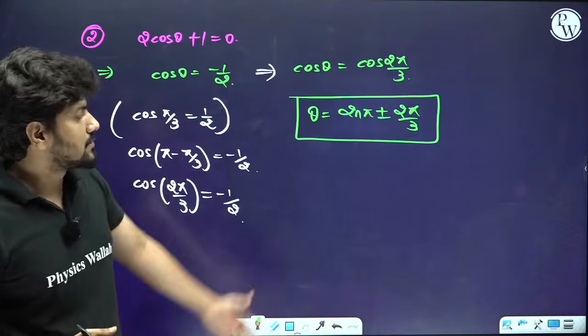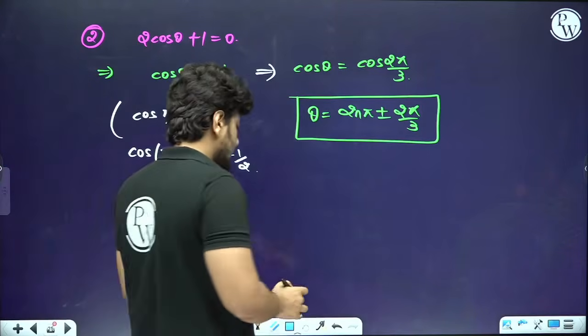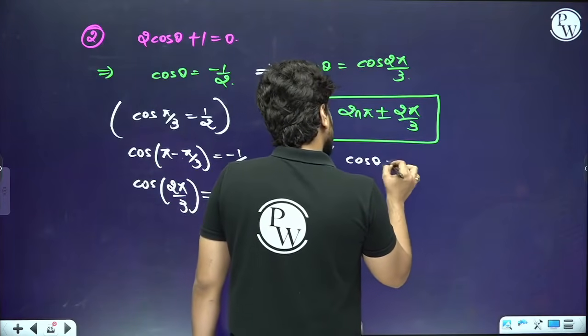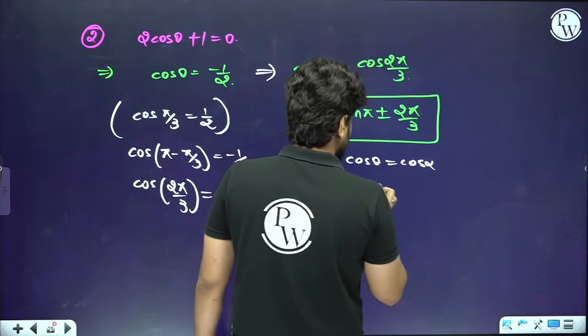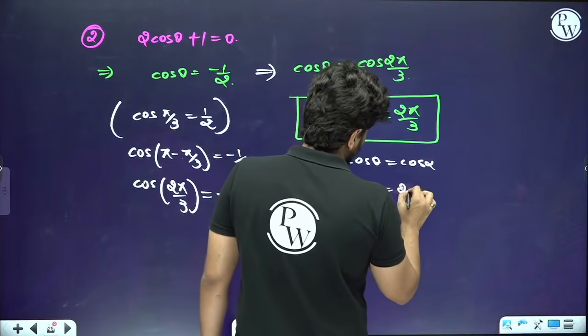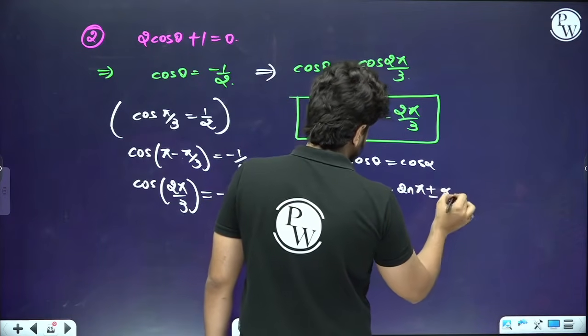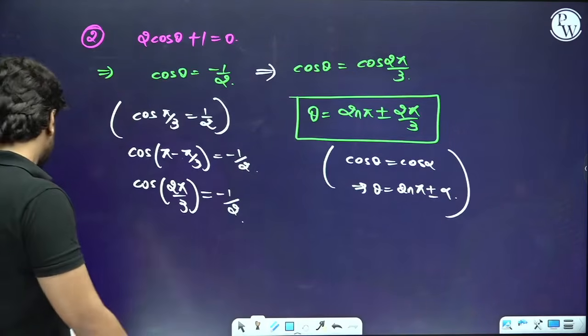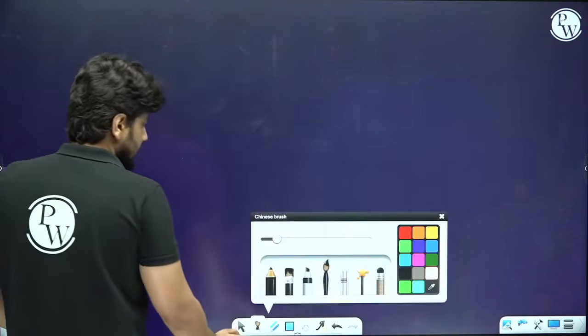This is the general solution of this equation. See, here I have applied the formula for cos theta is equal to cos alpha, where theta is equal to 2n pi plus minus alpha. That's the thing. Clear? Let's move on to the next example.